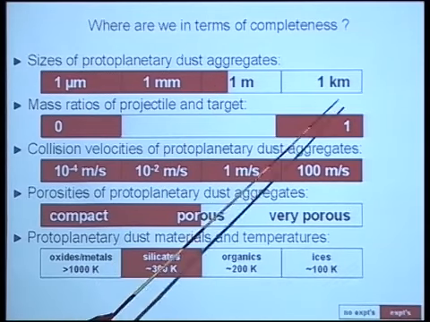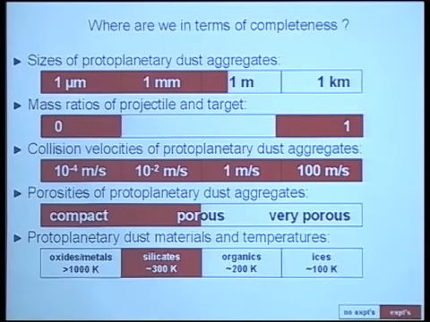Anything from 10 centimeters onward is, of course, impossible to do in the lab. In terms of mass ratio between projectile and target, you can do things between very similar particles, that's the 1, or you can do collisions between small and large ones, that's the 0. So we're somewhere in between. This white region is what is of interest, what we will do next.